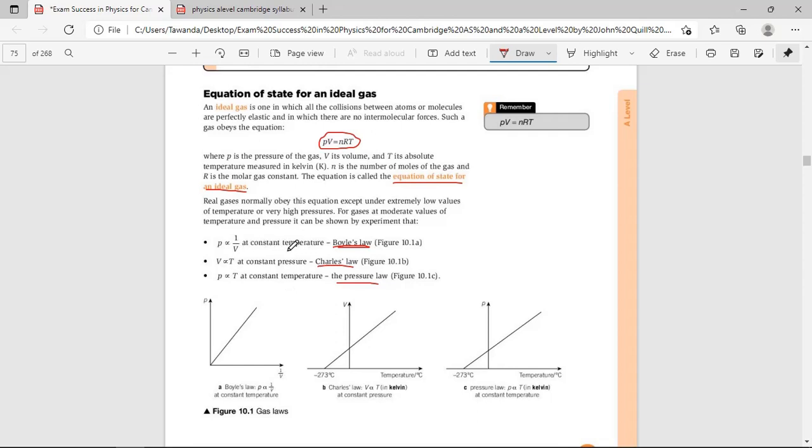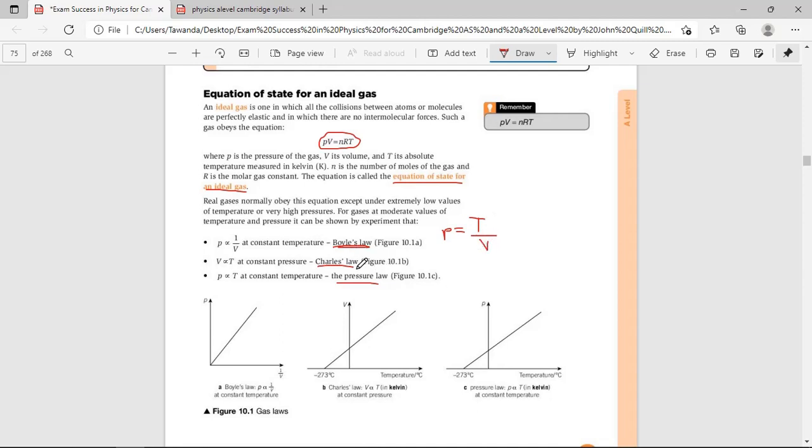Under Boyle's law, the constant is going to be temperature, and under the pressure law the constant is going to be volume. So under Boyle's law it will be P, and if you remove the proportionality sign, you are now going to introduce the constant, that is, the temperature is now constant under that.